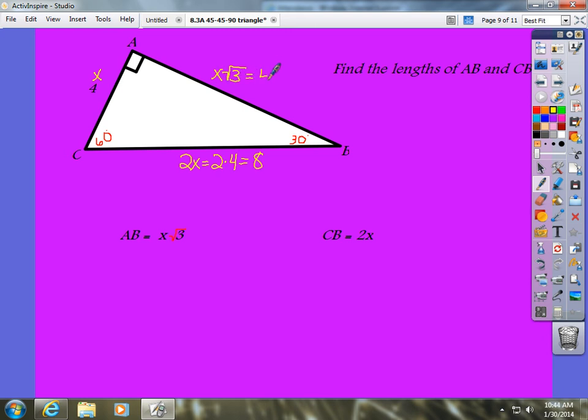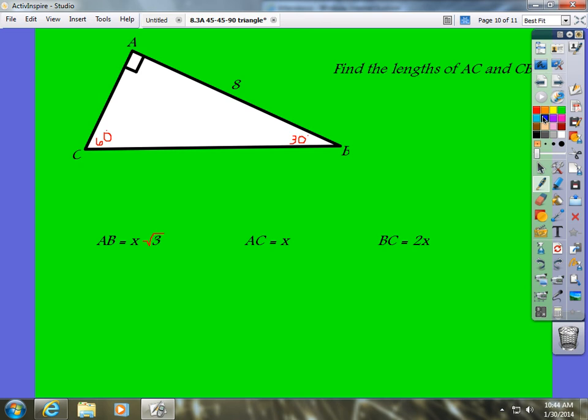I think this is the last problem we did. So AB is 4 times the square root of 3, and CB is 8. See how easy it is and how much fun it is? Yeah, I know, I'm a little bit of a geek, but you love me.